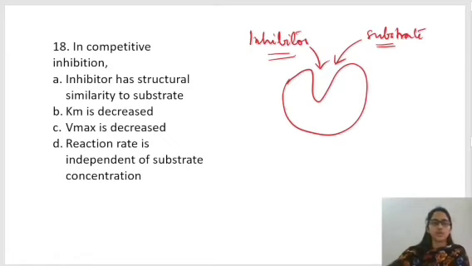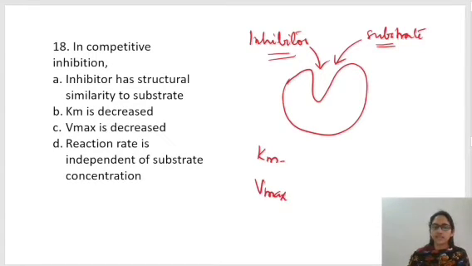Coming to Vmax and Km, what will happen to their values? Km is the substrate concentration at half maximal velocity.